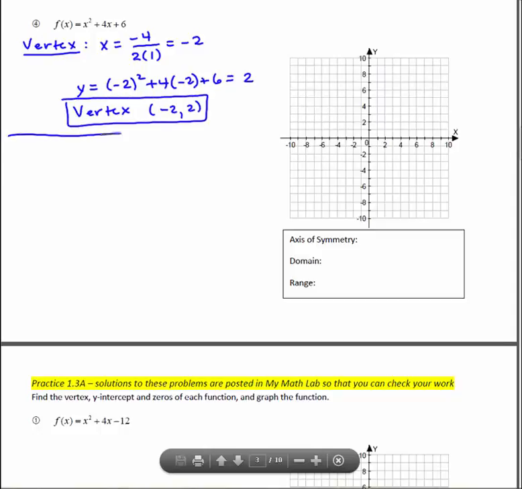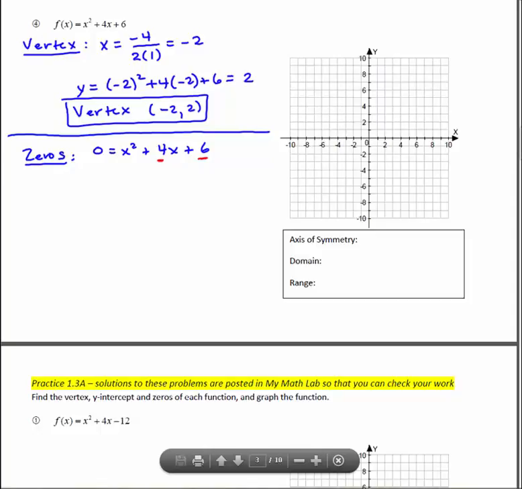The zeros, or x-intercepts. Putting 0 in for y and trying to solve that equation, once again, if you start thinking about a sum of 4 and a product of 6, there's no way to do that.